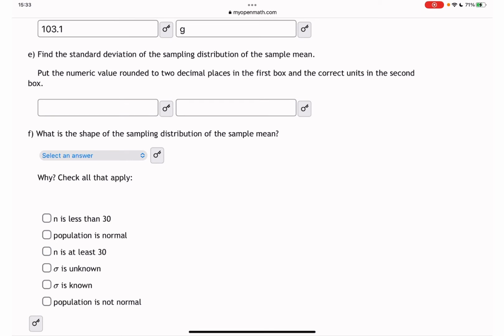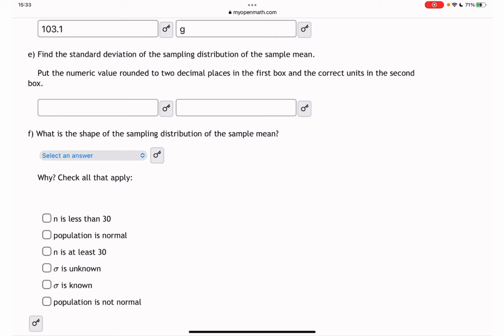Question number E. Find the standard deviation of the sampling distribution of the sample mean. Put the numeric value to 2 decimal places in the first box and correct units in the second box.